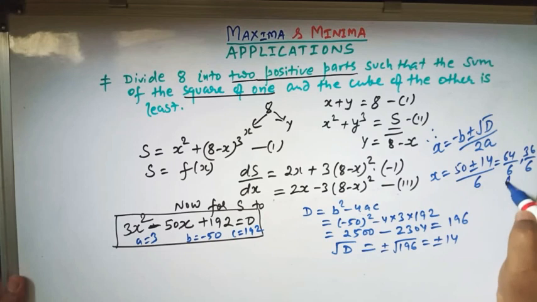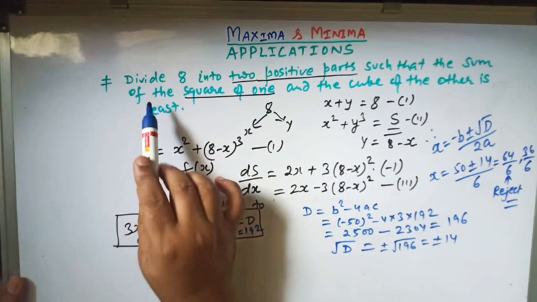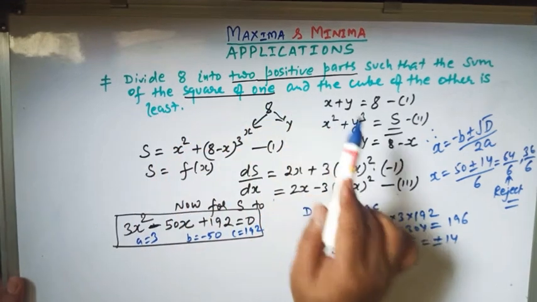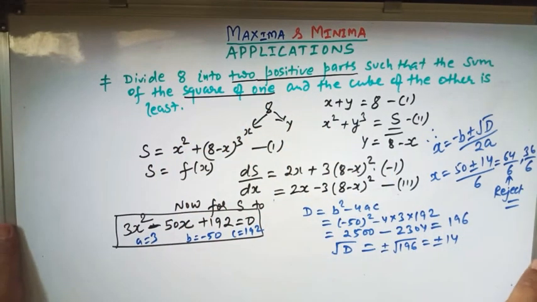So we reject this one, because we have to divide 8 into 2 positive parts, and here this is a fraction, so we take the other value, and this value is 6. Clear? So we'll take x is equal to 6.